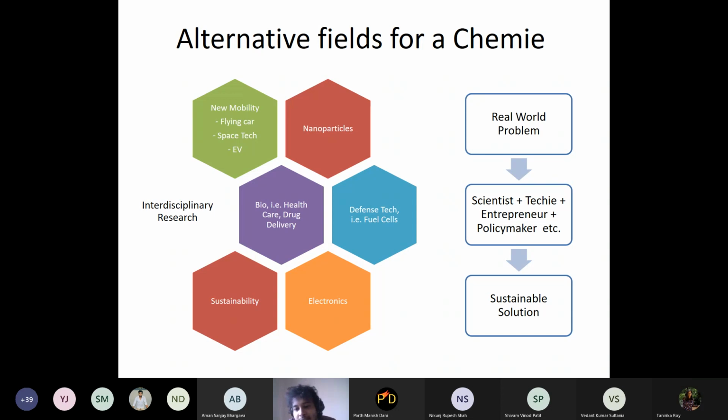bioinformatics related, which is pretty interesting, and bio is an interesting area, which includes biomimicry, nature inspired things many people are doing, like the lotus leaf and hydrophobic surfaces. All this research is going on on how to mimic nature and how to put it in our real life applications.